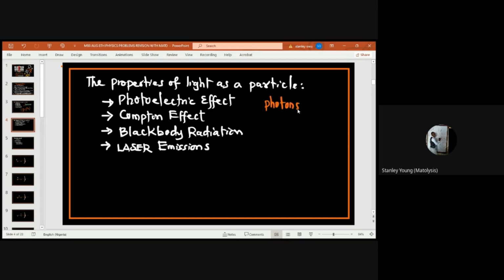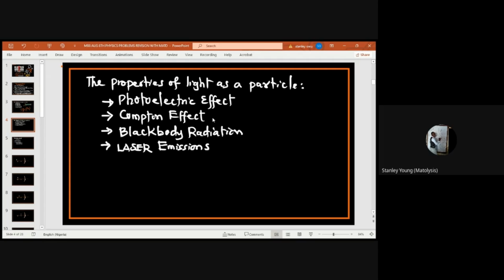So when you use photons to generate electrons, we simply say that what you have created is what they call photoelectric emission. So the photoelectric effect is a particulate property.